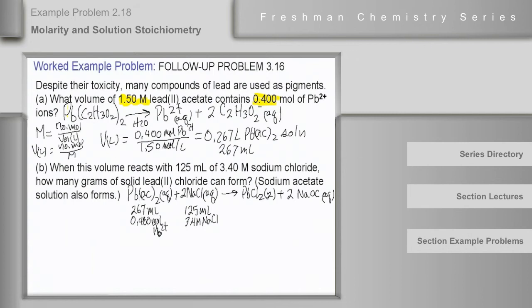We convert the amount of lead acetate that we have to lead chloride, and we can do this in moles. It doesn't have to be in grams or volume or anything.